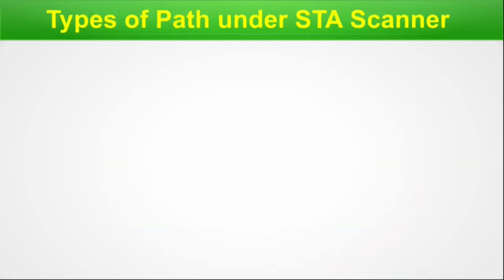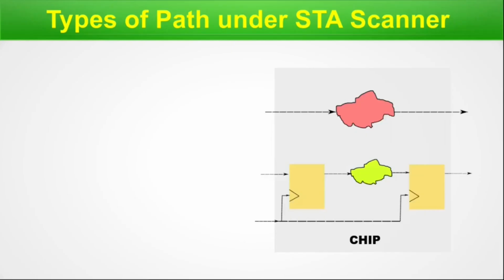Let's move on. Types of path under STA scanner. We have a clear concept of timing path now. We move forward in this slide to get familiarized with 4 types of timing paths that a STA engine considers during its analysis. Here goes our graphics of a chip. Now let me define the 4 types of timing path one by one.